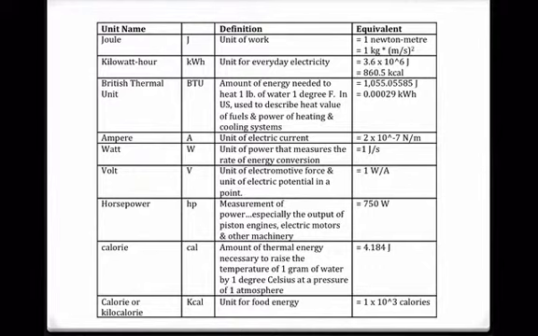And so that is quite different from the capital C calorie, which is what you would be reading on the back of a food label, because that's food energy. So capital C, food energy, lowercase c, thermal energy. So the equivalency for a lowercase calorie is 4.184 joules. So that's an important distinction to note.